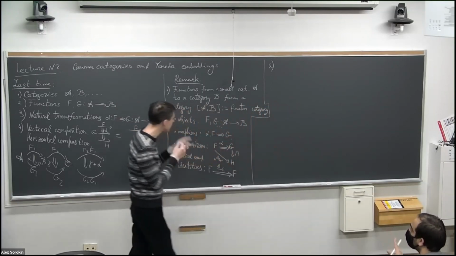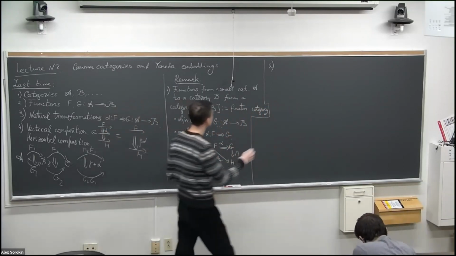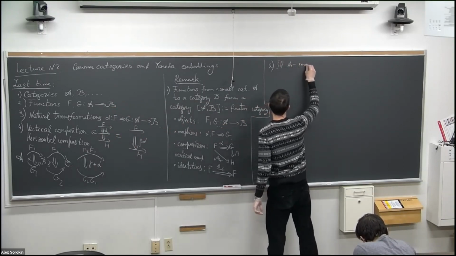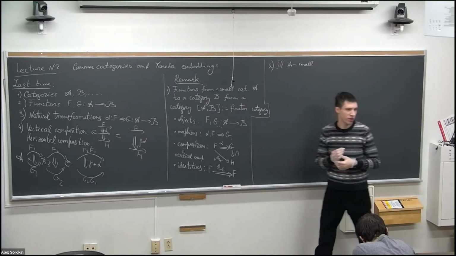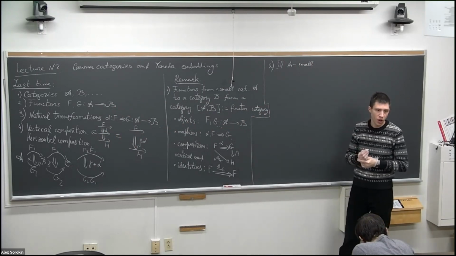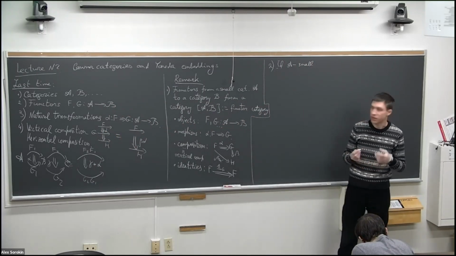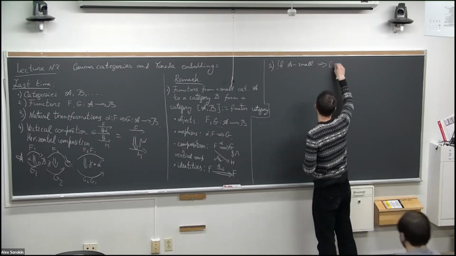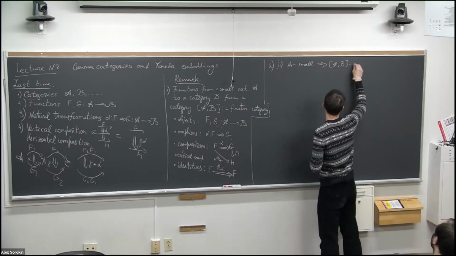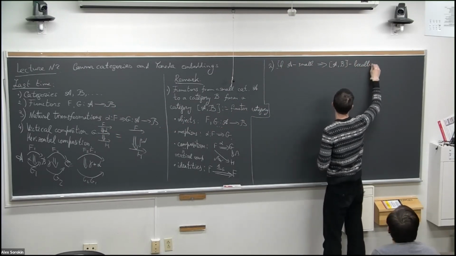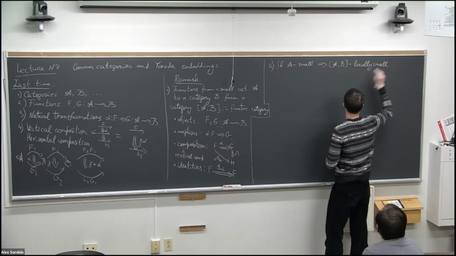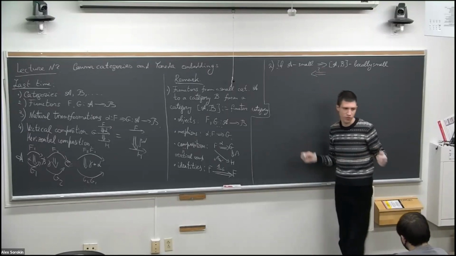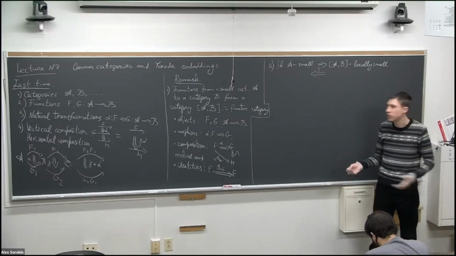Then it will be locally small. Yes. So I will remind everyone that a small category is a category whose objects form a set. If A is small, then B is locally small, but not necessarily the converse. It depends.